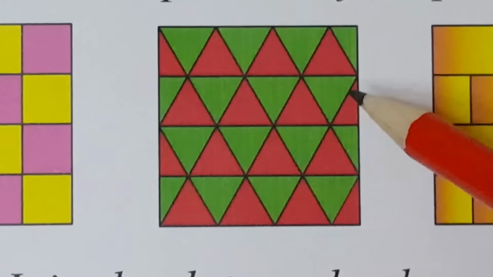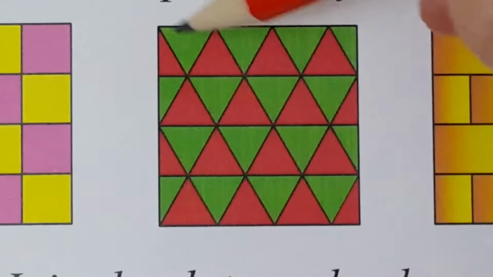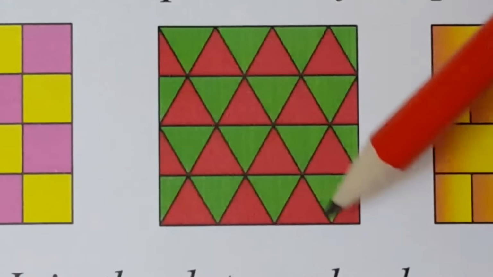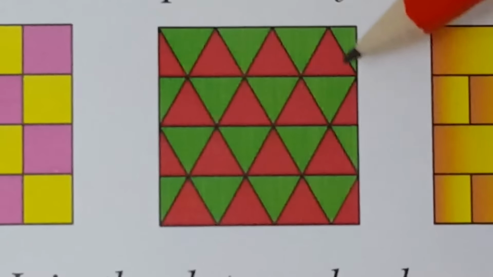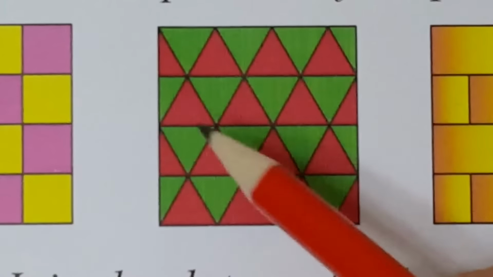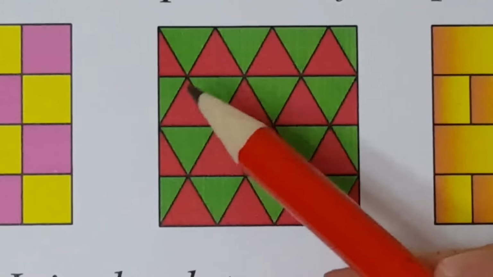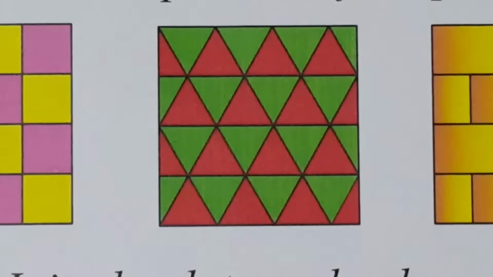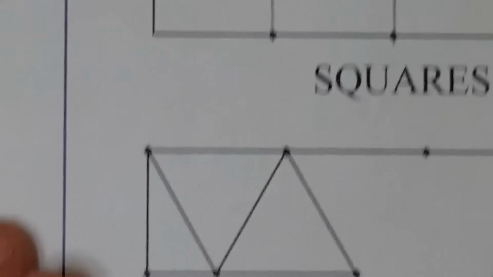So 60-degree diagonal lines going in this direction. The same diagonal lines are going in the opposite direction. And then you're going to have those horizontal lines. So let's start drawing it.